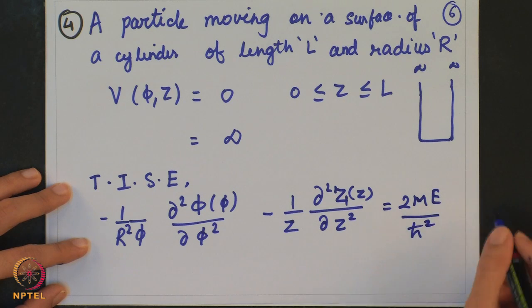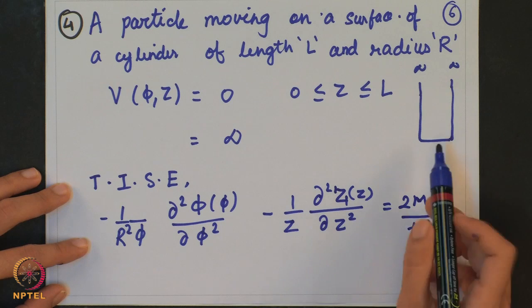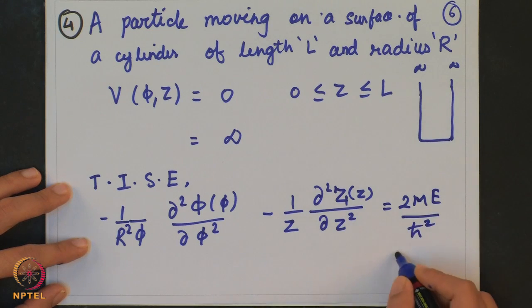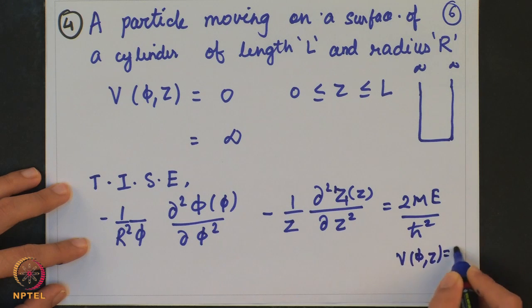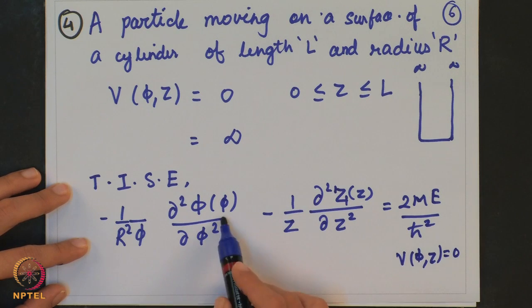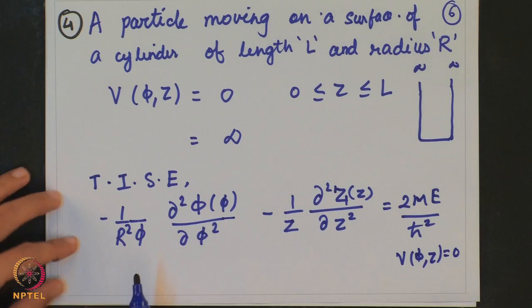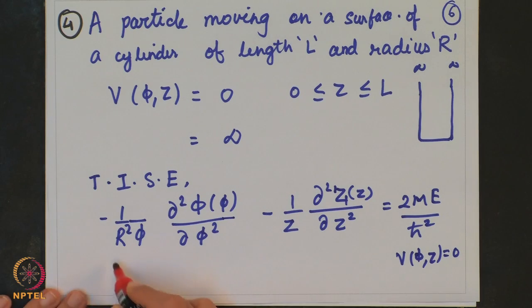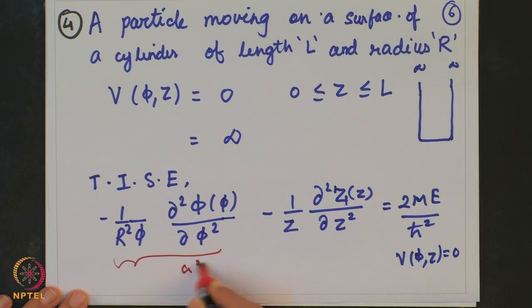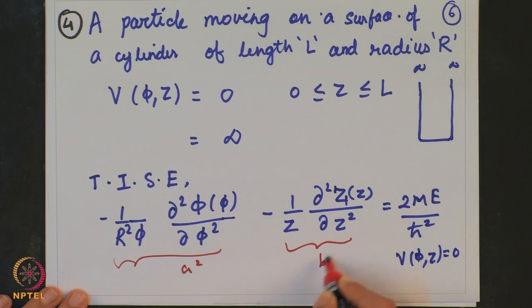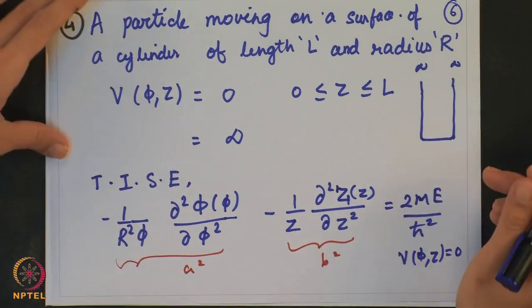This is the standard form. Now, we are talking about the particle inside the potential, so V of phi comma z is 0. We do not have the potential term, and this part you can write as some A square, and this as some B square.